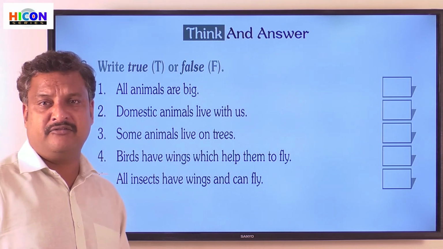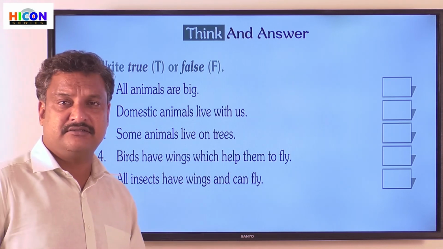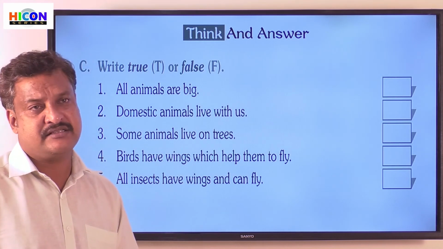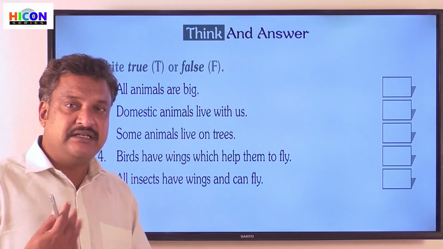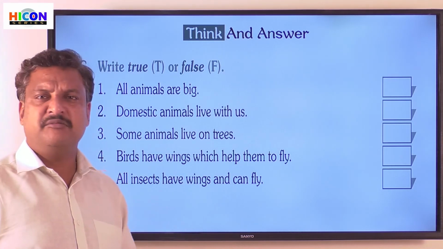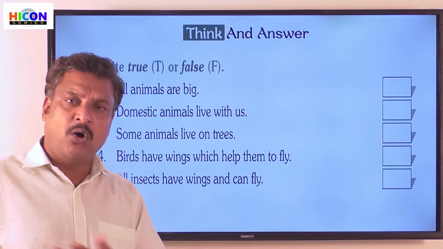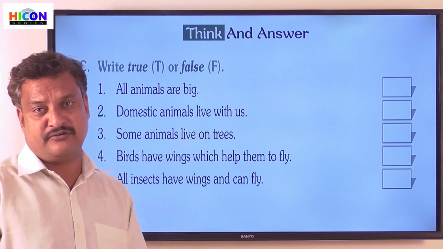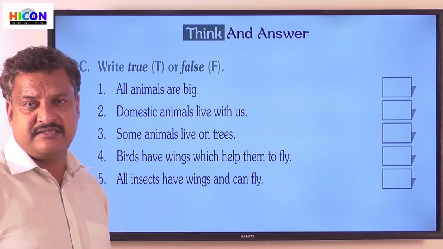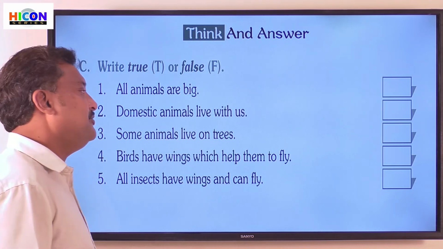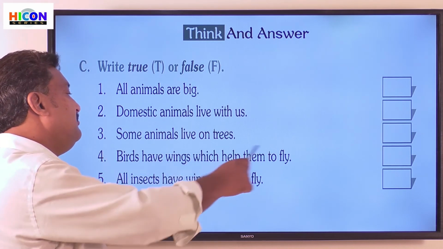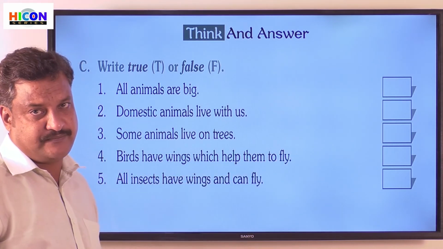If we grow hen, we'll have a pen for that. For sheep, again a pen will be there for that, isn't it? Yes, we give them the facilities and we grow them along with us, isn't it? Pet animals, they grow along with us in the home itself, most of them. Okay? So, domestic animals live with us is a right statement. It's a true statement.